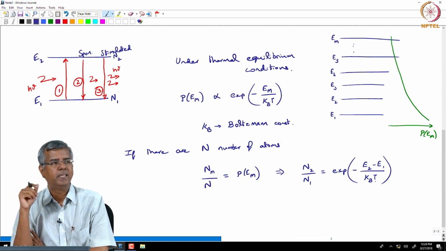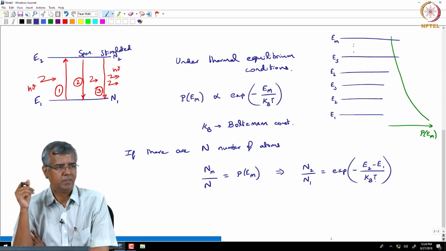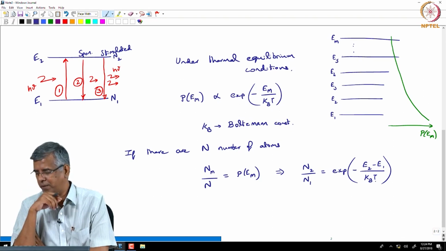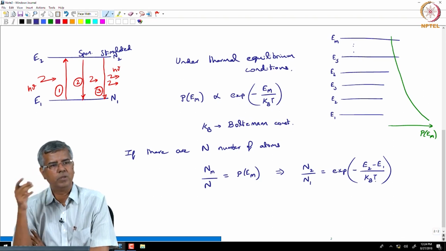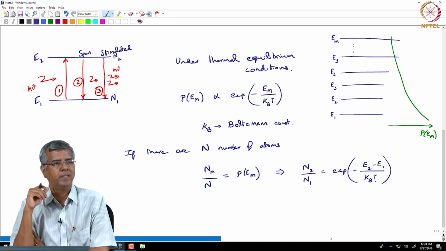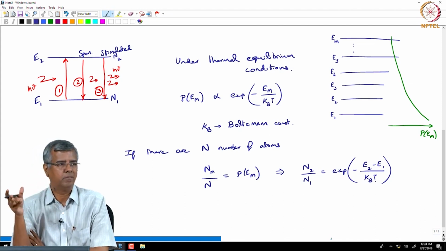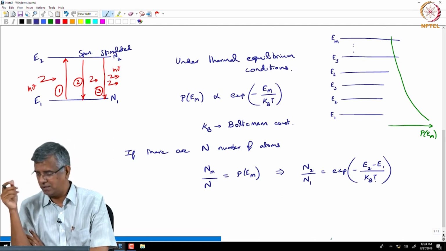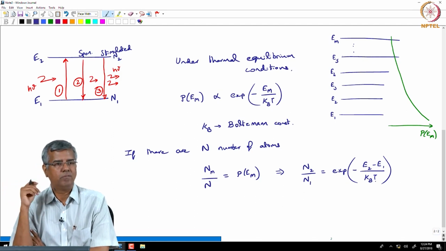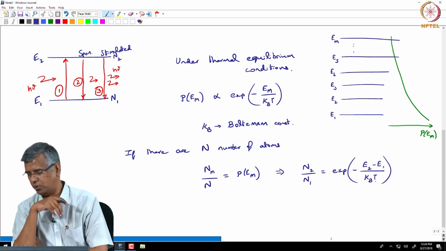On the other hand, if I heat up that material to an elevated temperature, maybe 100 degrees centigrade, there you may actually have energy corresponding to 100 electron volt, in which case you have an equal number of atoms in the high excited level compared to the ground level, okay. So, that is what this means.